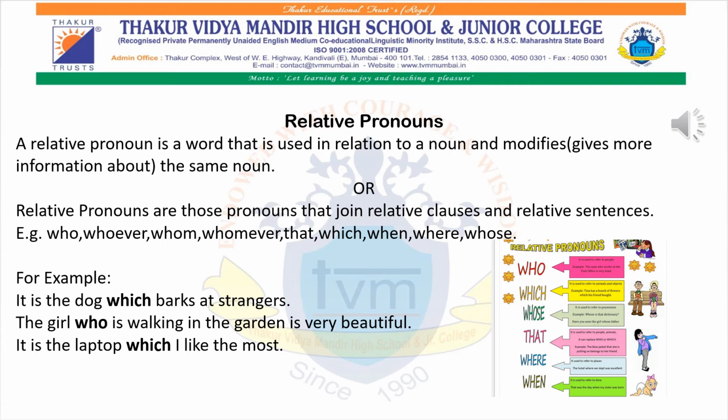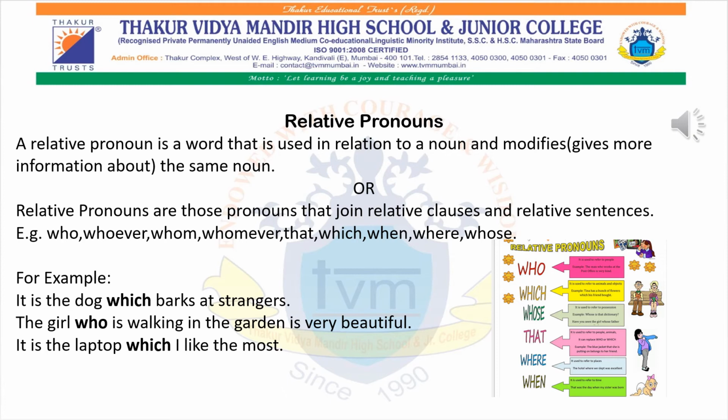There are a few pronoun conjunction words that you have to keep in mind: who, whoever, whomever, that, which, when, where, whose. We'll look at a few examples so we'll get doubts cleared. It is the dog which barks at strangers. It is the dog is one particular sentence. Barks at a stranger is another sentence.